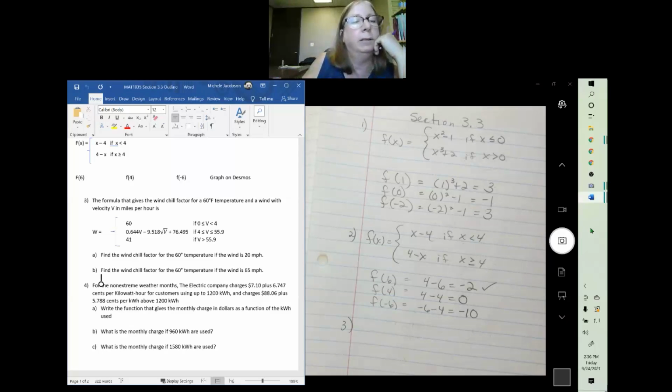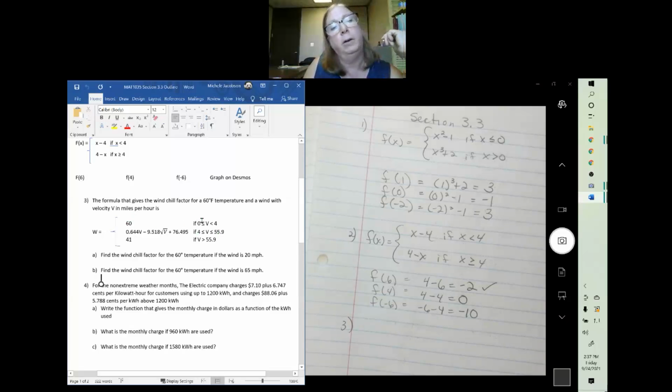And so what it's saying is, on a windy day, if it's 60 degrees, and the velocity of the wind is between 0 and 4, it will still feel like 60 degrees. But once you are at 4 or above, up to 55.9, you would use this equation to find it. And then once you get above 55.9, it will always feel like 41 degrees. So if the wind got any stronger, it's still going to feel like 41.